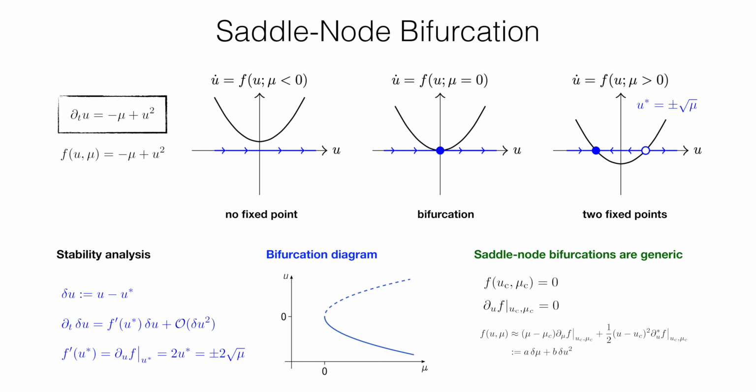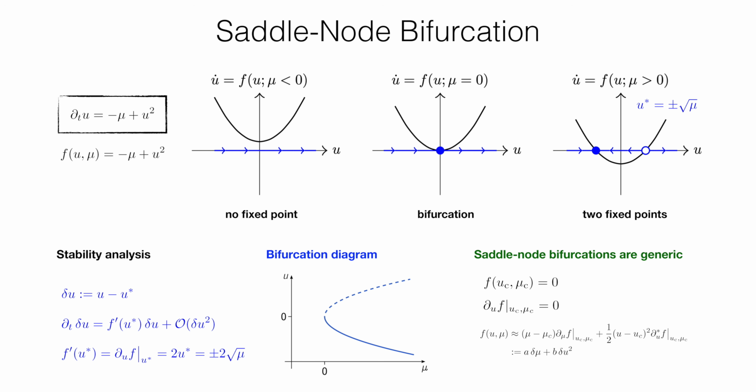to a bifurcation point, and then it splits into two fixed points, one stable one and one unstable one, and you represent that in a bifurcation diagram where you plot the fixed point as a function of the control parameter, that's mu, having one stable branch and one unstable branch.